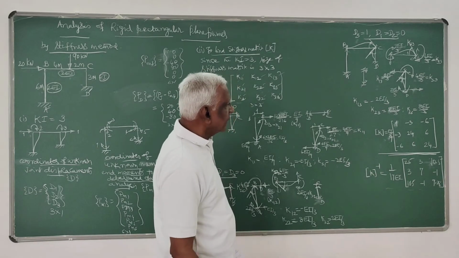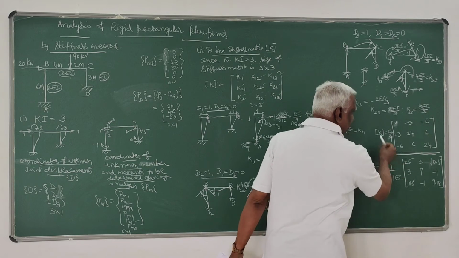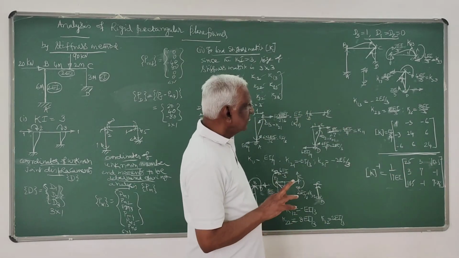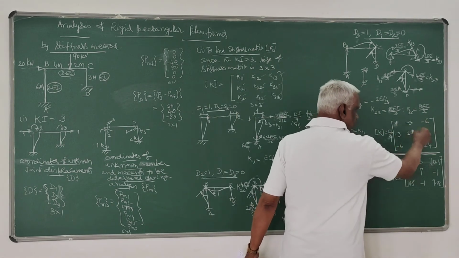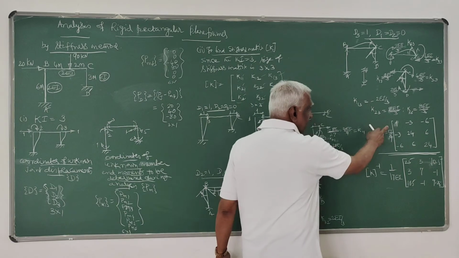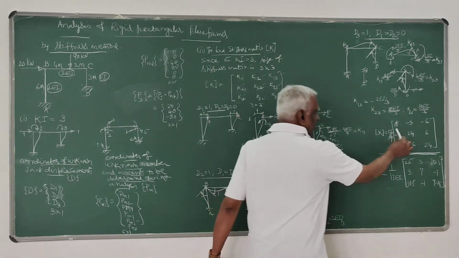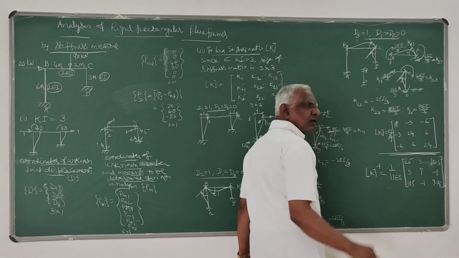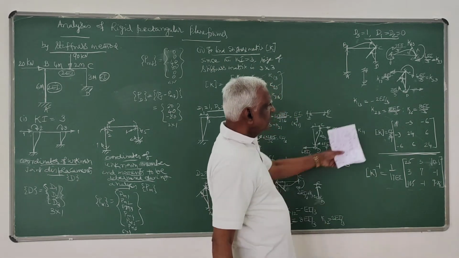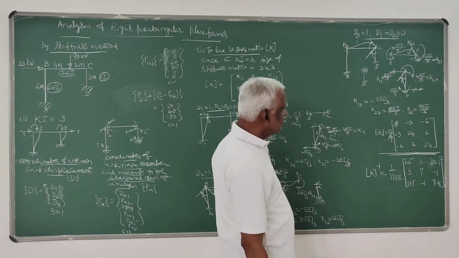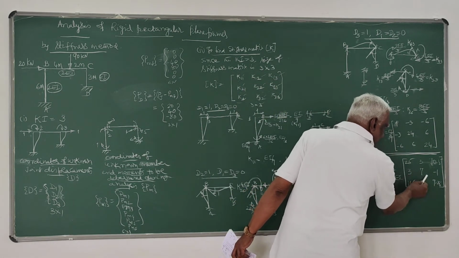One thing you can observe here: all the stiffness matrices you develop are square and symmetric matrices. This is a square matrix, that means the number of rows is equal to the number of columns. And it is symmetric about the leading diagonal; the elements above the leading diagonal are similar to the elements below. The inversion of this also has the same property.